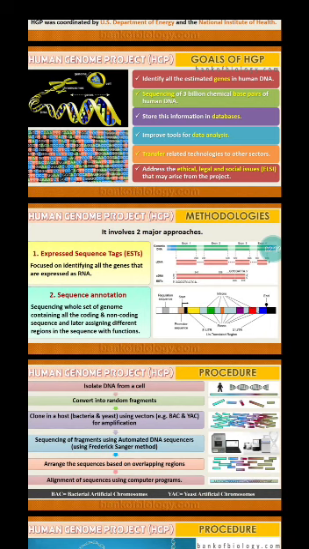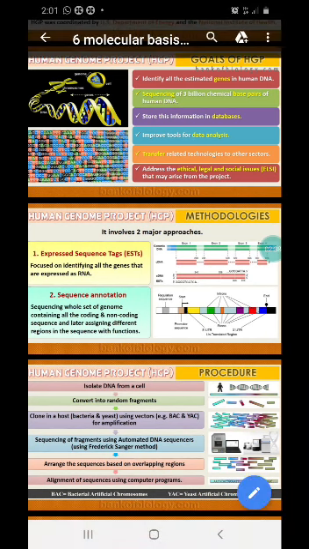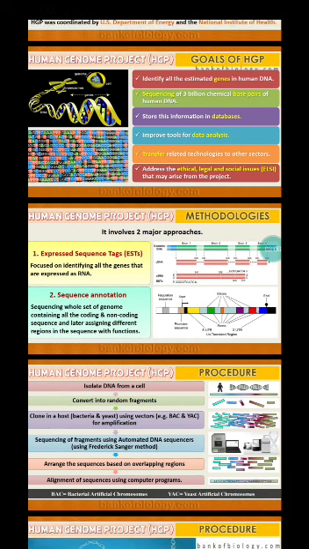Okay, first method is expressed sequence tags, which is ESTs, which is actually focused on identifying all the genes that are expressed as RNA. That is, they were supposed to find only the genes that could be expressed as RNA. That method is called expressed sequence tags, ESTs.